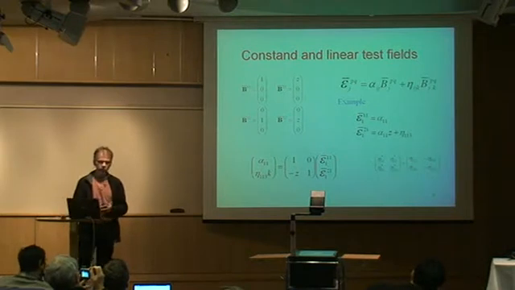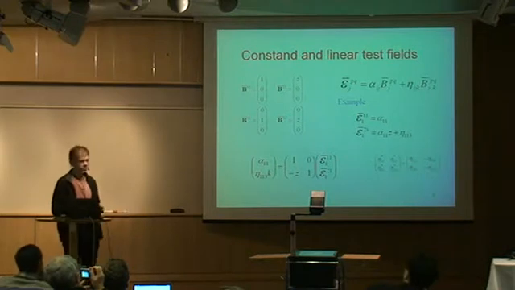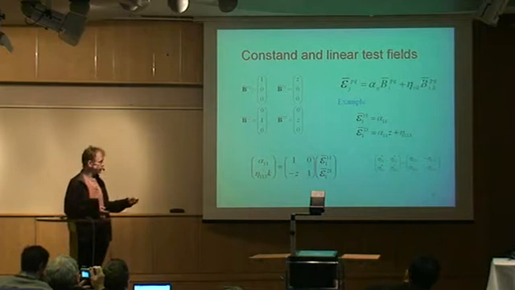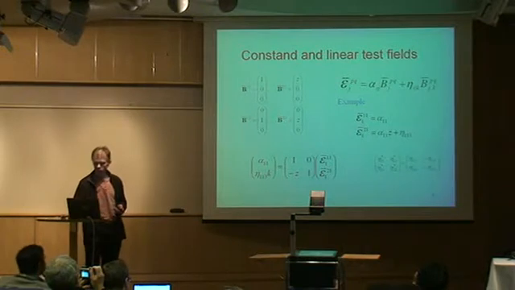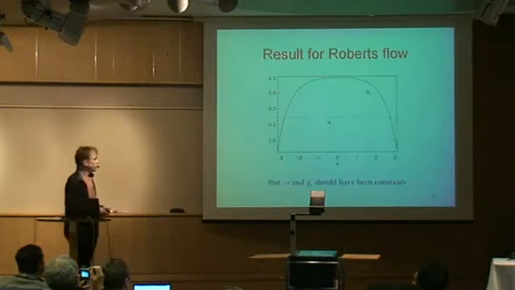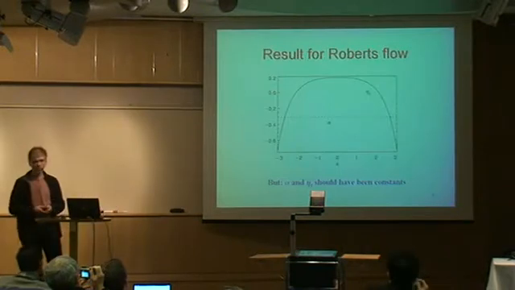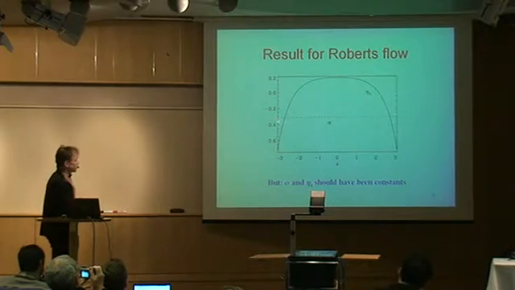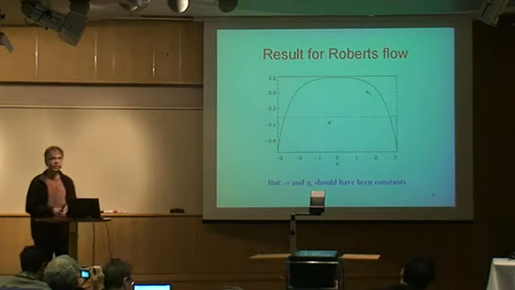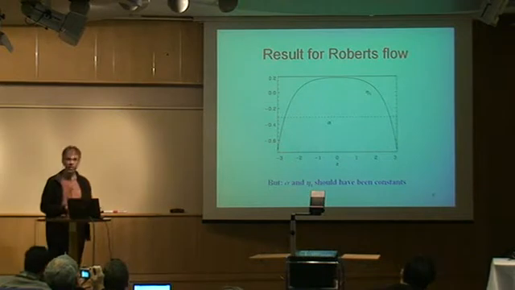Remember, when the mean fields depend only on z, you can express all the possible derivatives of B bar in terms of components of J alone. This is a special case, but I will use it for the rest. When we tried this for the first time, we obtained the following result for alpha, and for the Roberts flow in particular, where there are analytic results. The Roberts flow is independent of z.